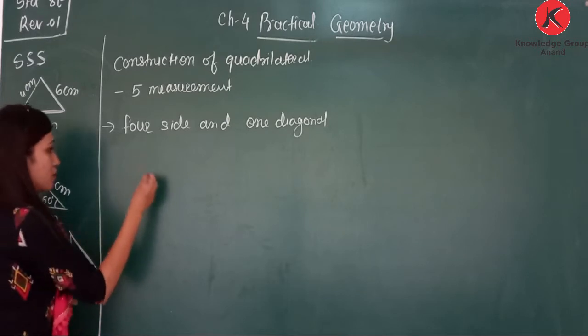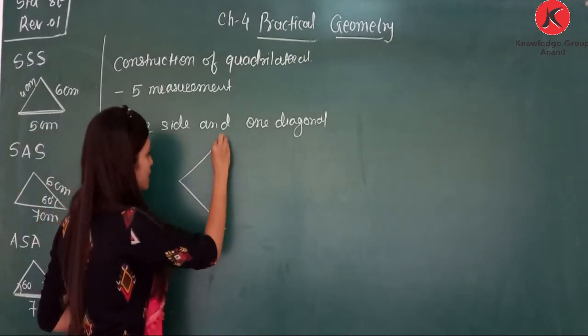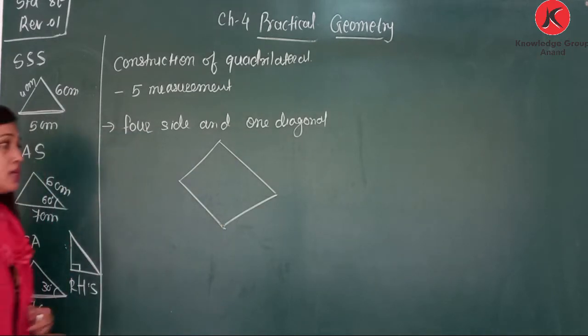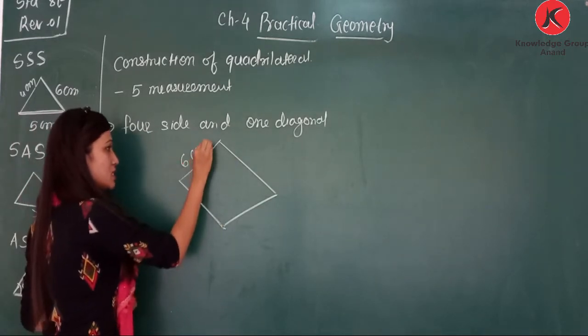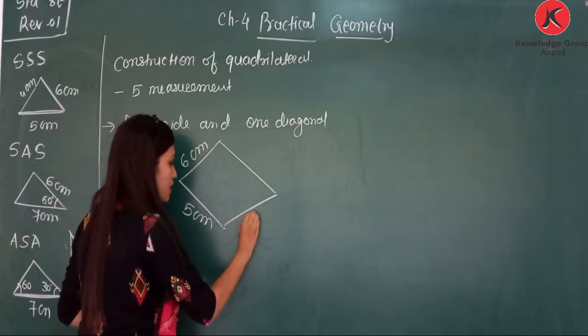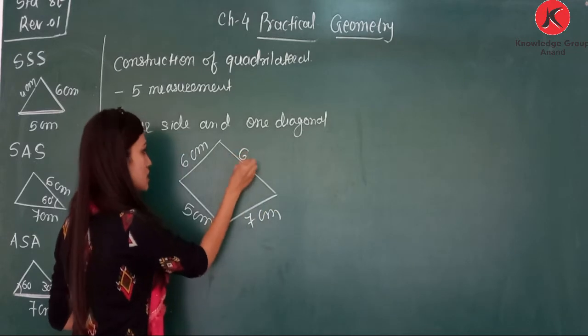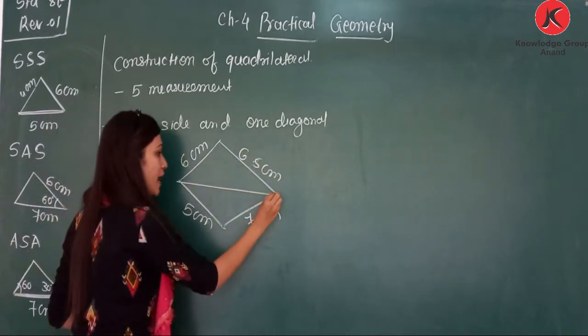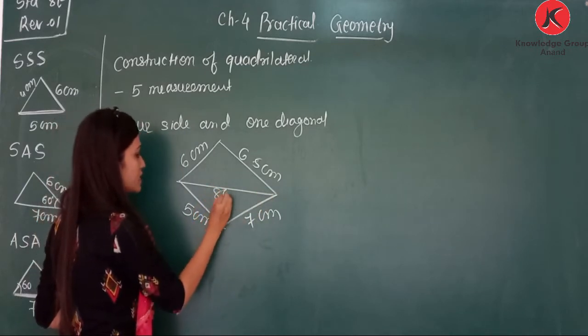If we take any measurement, let's take one example of quadrilateral. This is shape of any quadrilateral, and here this side is given 6 centimeter, this is given 5 centimeter, this side is given 7 centimeter, this is given 6.5 centimeter. 4 sides are given, any of the diagonal is given, let's say this is 8 centimeter.